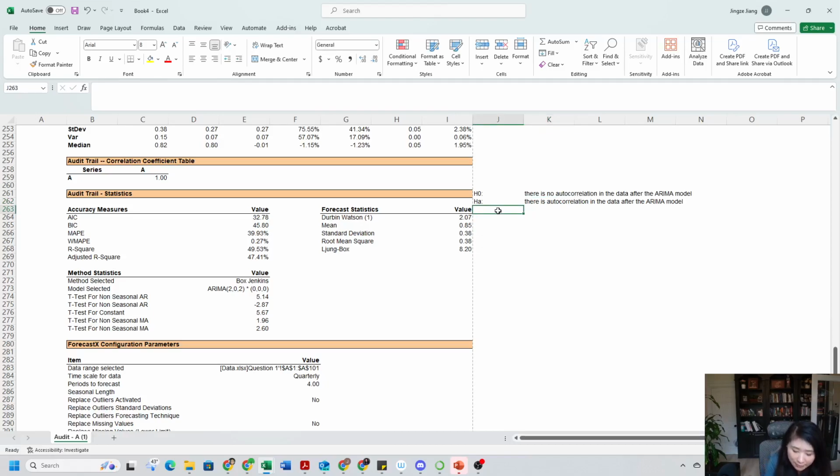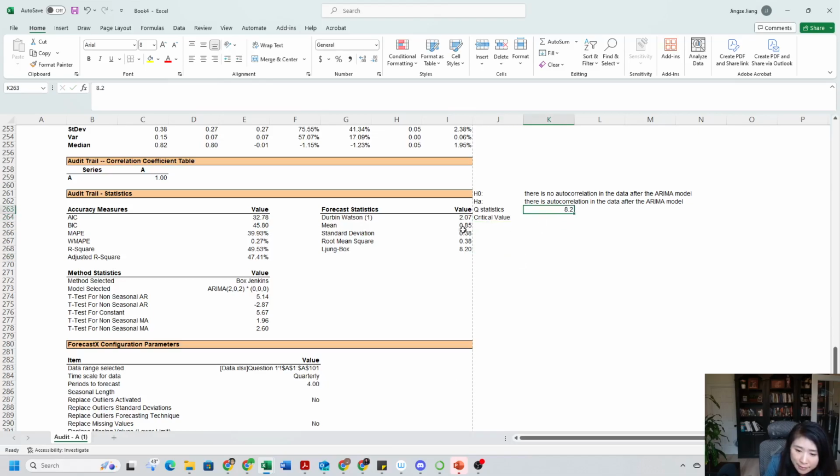In order to test it, we already have the statistic. Our Q statistic is equal to 8.2. Based on that, the next step is that we need to know the critical value.